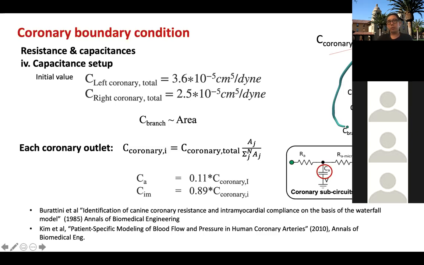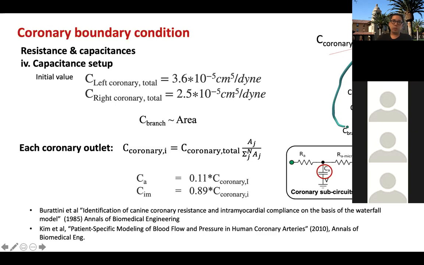And how do we distribute this capacitance to each branch? We assume that the capacitance of the vessel is proportional to the area. Basically, the distensibility of the blood vessel wall, we assume that's actually proportional to the area, or square of the diameter or something.